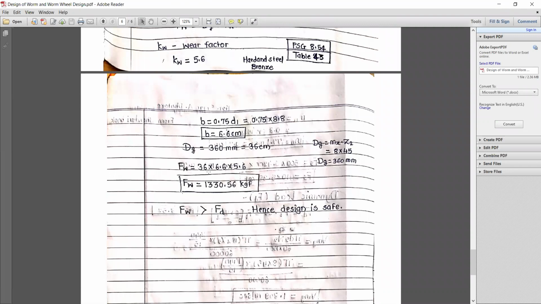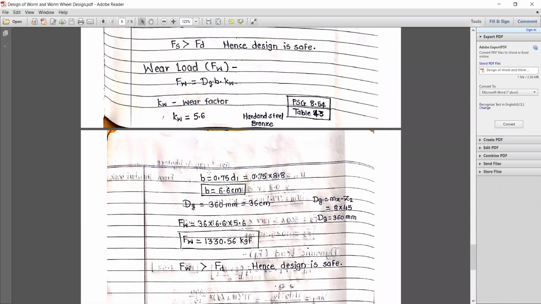About b, the relation between b and d1 we have already shown: b is equal to 0.75 d1. So the value of b is 6.6 centimeter, and dg, the gear diameter, is mx into z2.